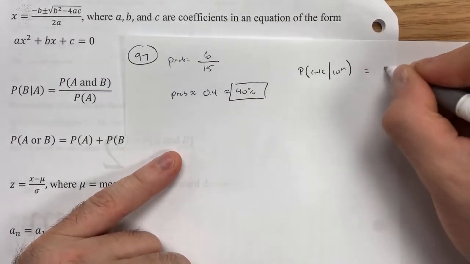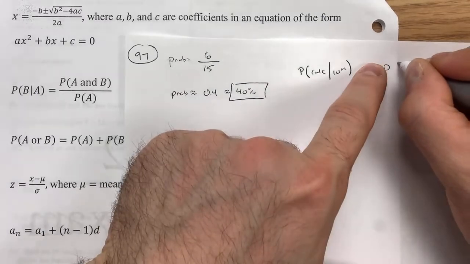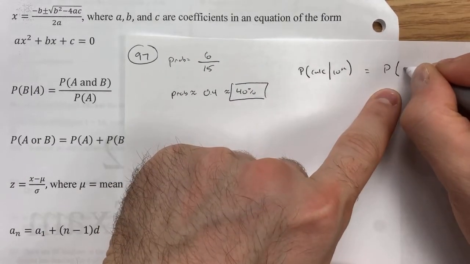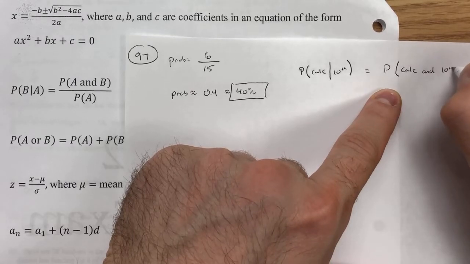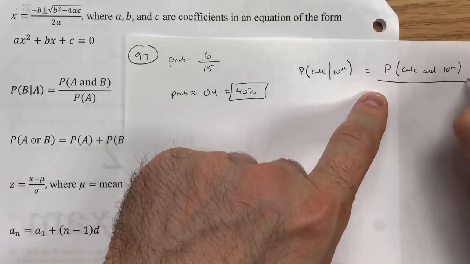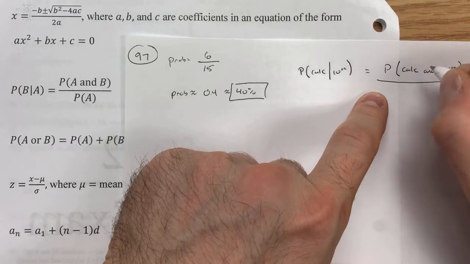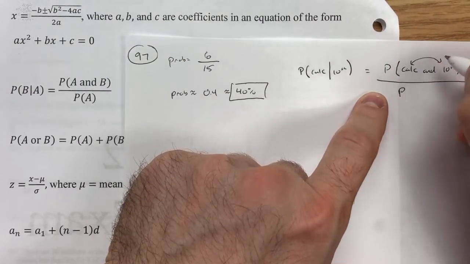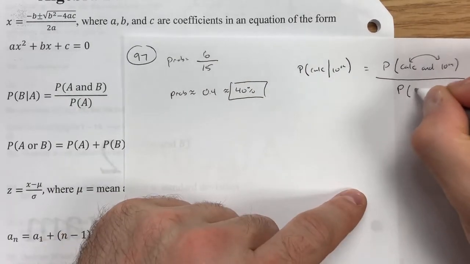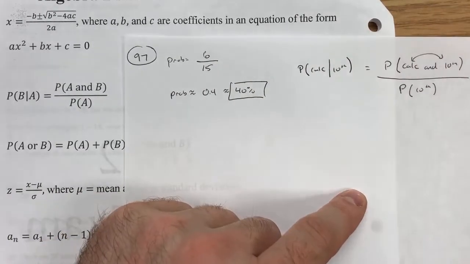So that would mean I need the probability that they are both a calculator student and a 10th grade student given, oh, sorry, that should be backwards. Probability given A, probability given that they are a 10th grader.